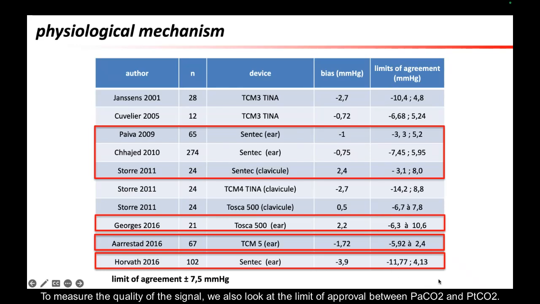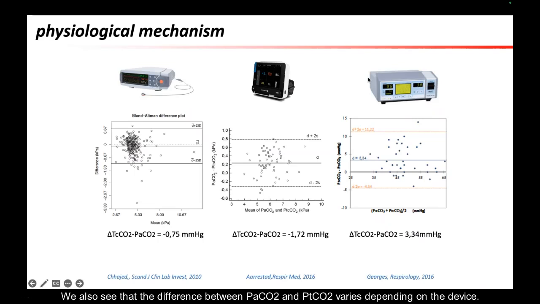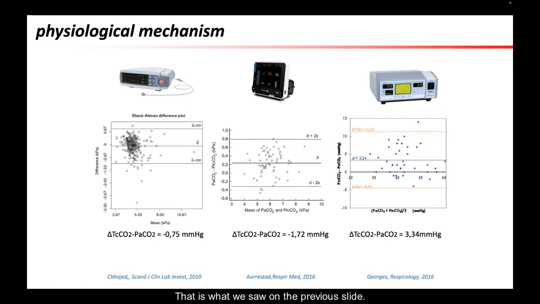To measure the quality of the signal, we also look at the limits of agreement between PaCO2 and PtCO2. It is said to be clinically acceptable when it is between plus or minus 7.5 mmHg, which is the case for all devices. We also see that the difference between PaCO2 and PtCO2 varies depending on the device. That is what we saw on the previous slide.